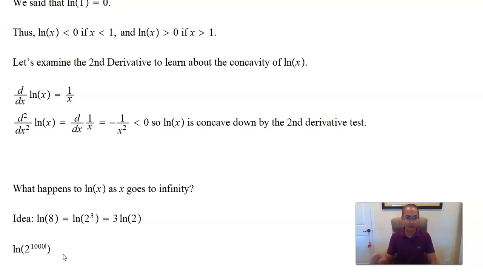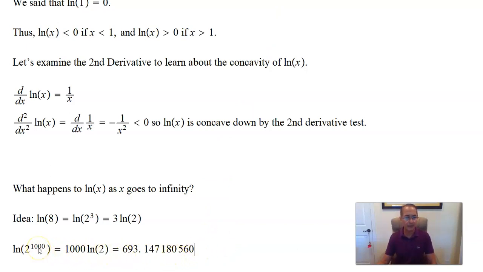I don't even want to plug in that number into my Maple here. But by the same idea, this is 1,000 ln of 2. Again, ln of 2 is just 0.69. So 1,000 ln of 2 is actually not a very big number. It's about 693. Do you see what's going on here?